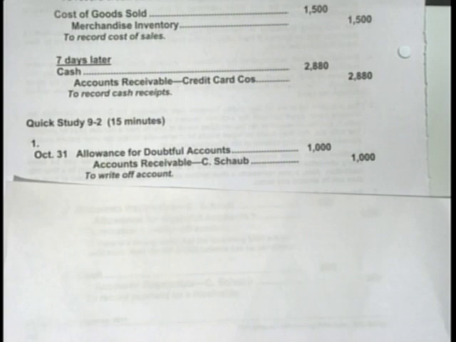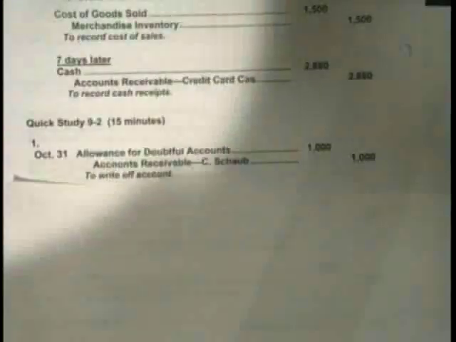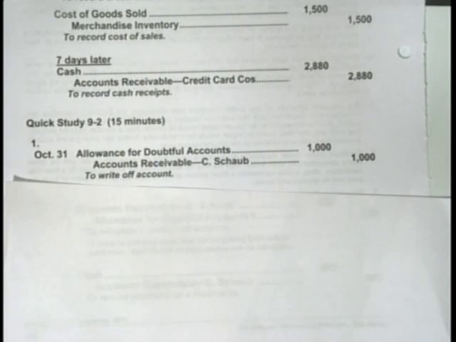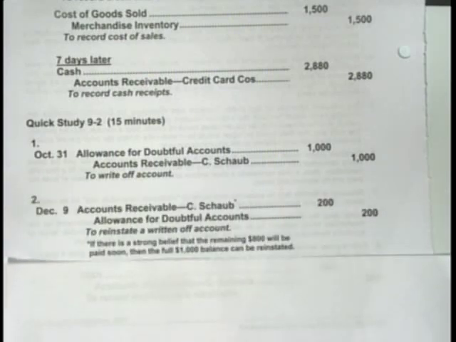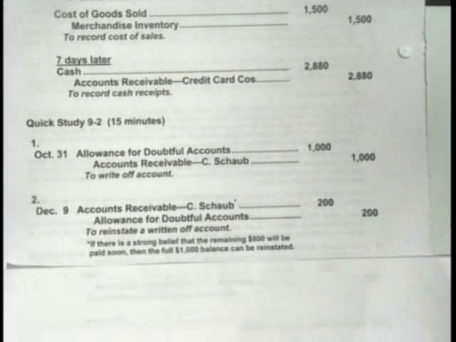Now, prepare the entry. On December 9th, it receives a $200 payment from Schaub. Prepare the journal entry or entries for December 9, assuming no additional money is expected. So we don't reverse that whole entry, but we do reverse $200 of it. Now, if we had a strong belief that the entire $1,000 was going to be collected eventually, even if we didn't get it all now, we would reverse the entire amount.